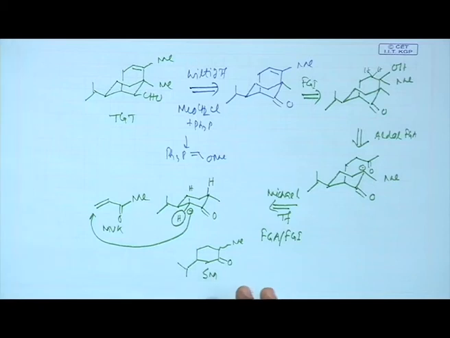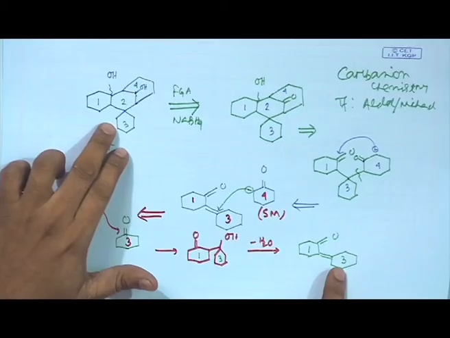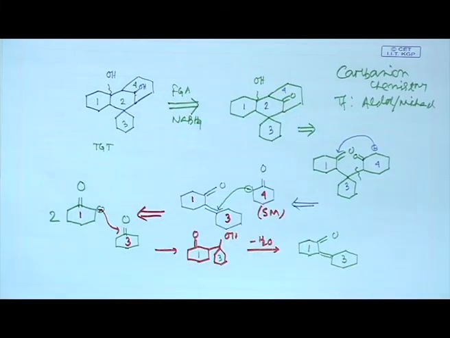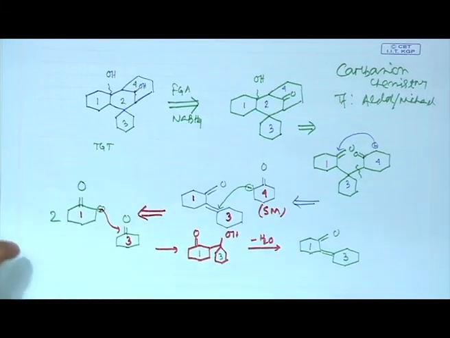And definitely you have to start with a visual communication with the given target and how you can correlate the target molecule with a given structure. So, two examples we have shown. The first one is a bit complex, but eventually that will give you a very simple chemical logic, and come to a simplified starting material. We did not use any hi-fi or sophisticated transformation, we used simple carbanion chemistry.